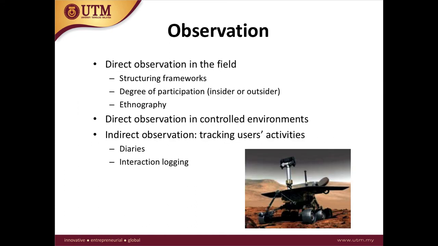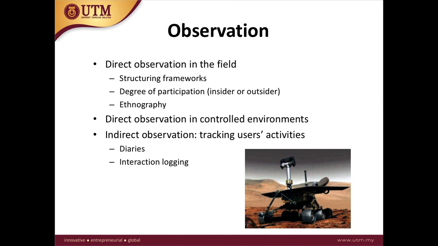Observation. Okay, observation normally is just going to the place and observing the behavior of the user, things like that. See, this is a Mars mission, something like a moon mission. On the moon, they observe and see things. Today, we are in MCO, Movement Control Order, so most of the things we cannot get in touch with.